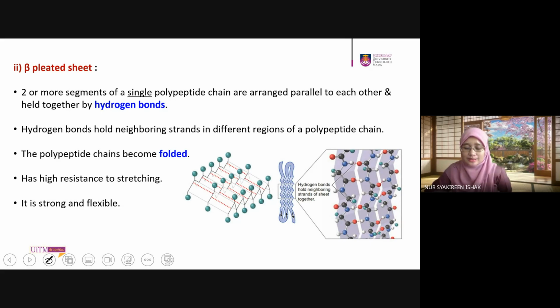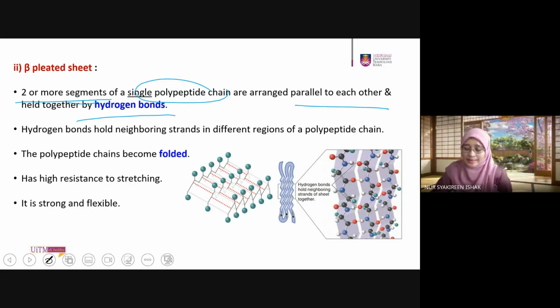Beta pleated sheets: two or more segments, bukan two or more polypeptide chains, two or more segments of a single polypeptide chain that are arranged parallel to each other and held by hydrogen bonds. Okay, so hydrogen bonds hold neighboring strands in different regions of a polypeptide chain.